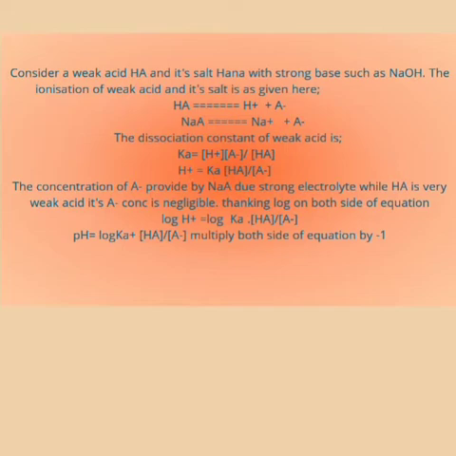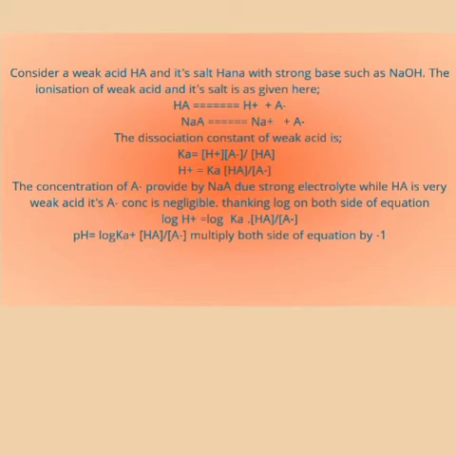Dear student, you know that Ka and the other quantity, HA divided by A negative, are multiplying, so according to the log rule, when two factors are multiplying each other, when we take their log, they add up, and we place the sign of plus between them.